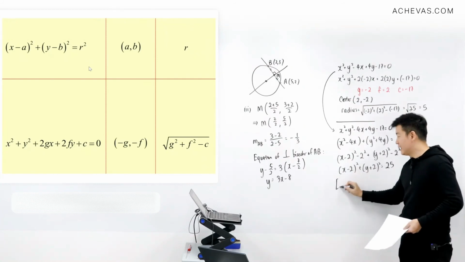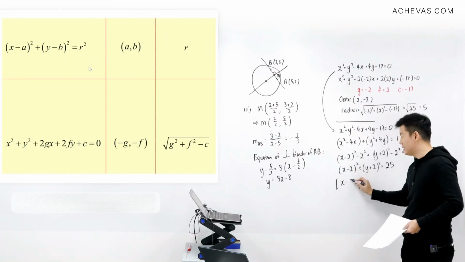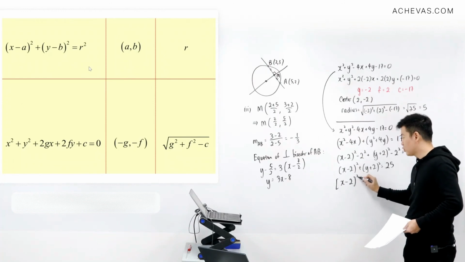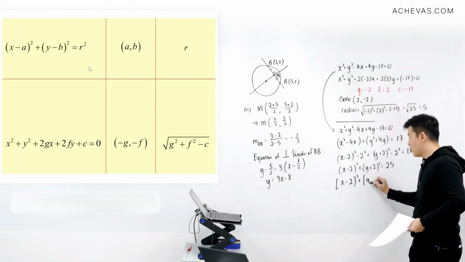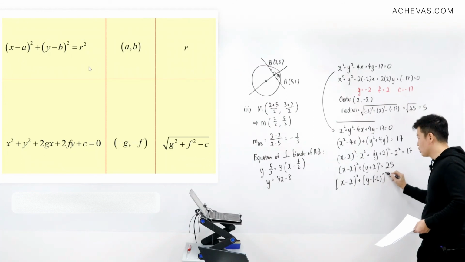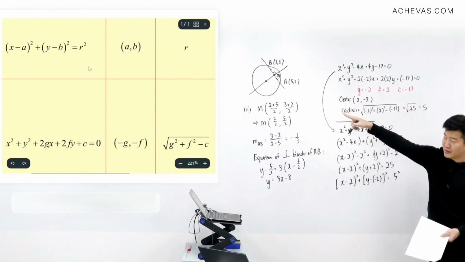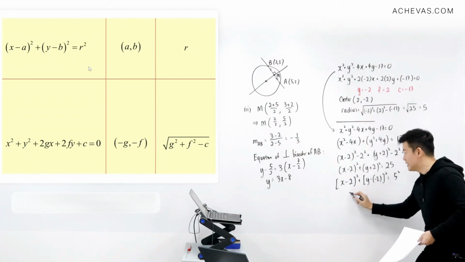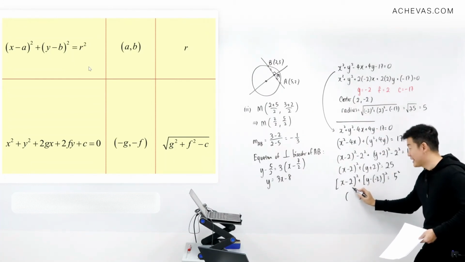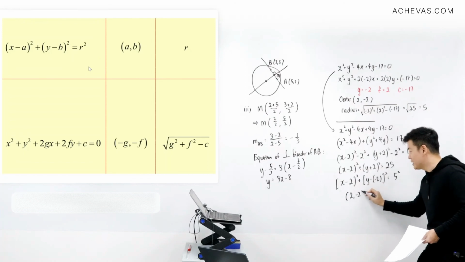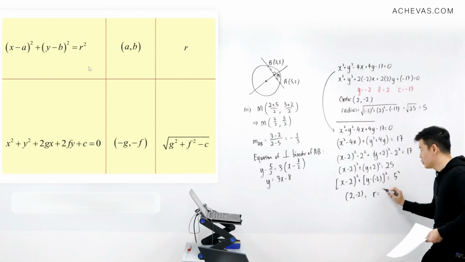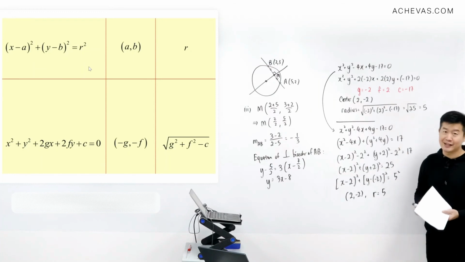Which means I can then re-express this as x minus 2 squared plus y plus 2 squared is equal to 5 squared. And based on the formula that we have, this is with a center of 2 and minus 2, and the radius is equal to 5. We're actually getting exactly the same thing.